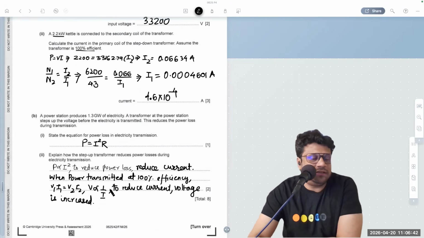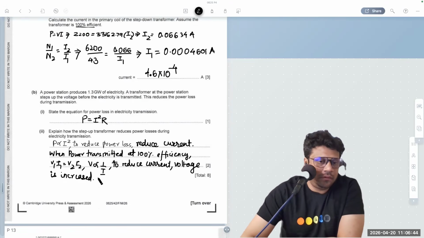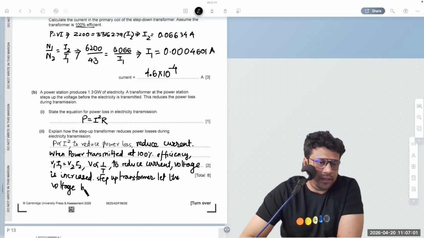Step-up transformers let the voltage be increased before transmission.